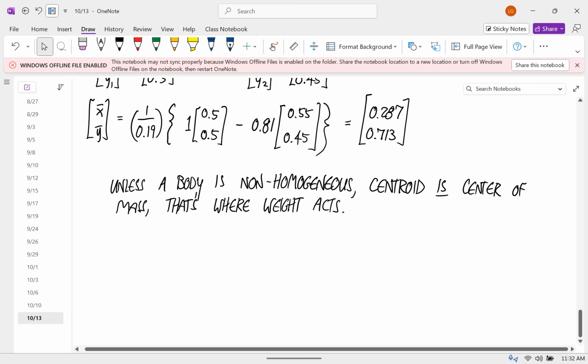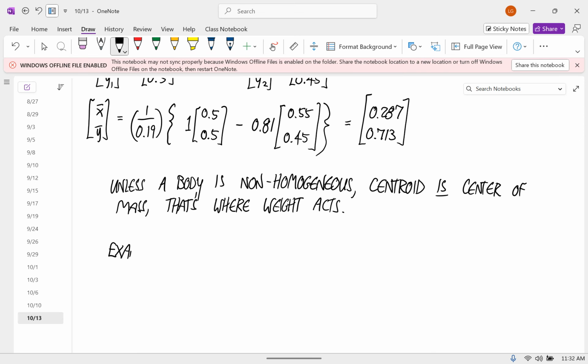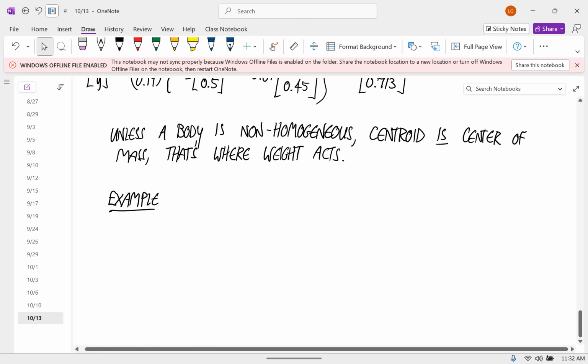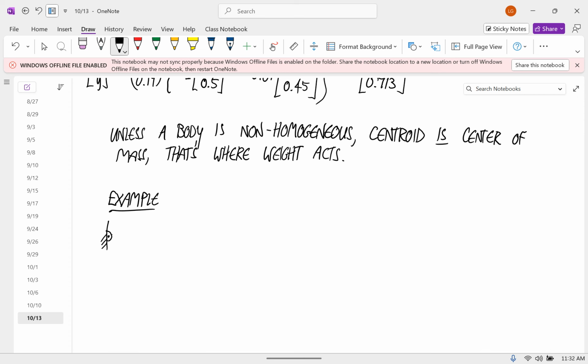Okay, so let me do an example where we use the centroid as the center of mass. Let's say we have a pin joint at the wall, and it connects to a shape like this. And there's a roller down here supporting it.